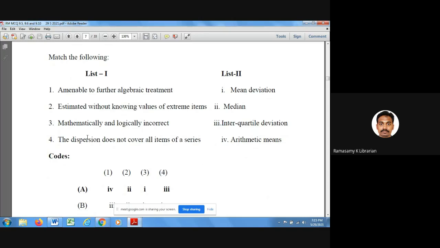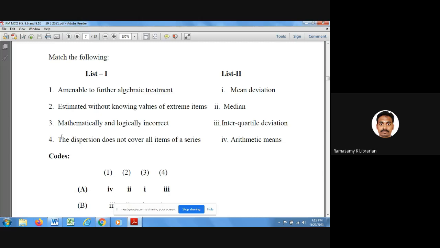Okay. Then, mathematically and logically incorrect. Which one out of these 4 is mathematically and logically incorrect? It is mean deviation. Okay, I'll explain that. Finds the dispersion, does not cover all items of a series. So when you talk about data dispersion, as I told you, you can make use of range, variance, interquartile range, or you can make use of standard deviation or coefficient of variation.